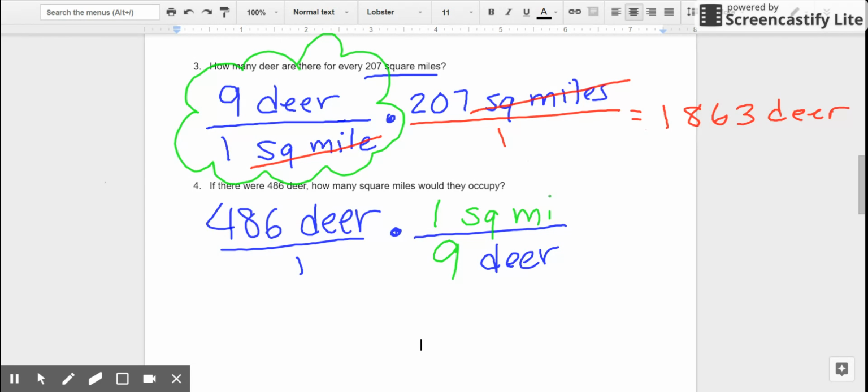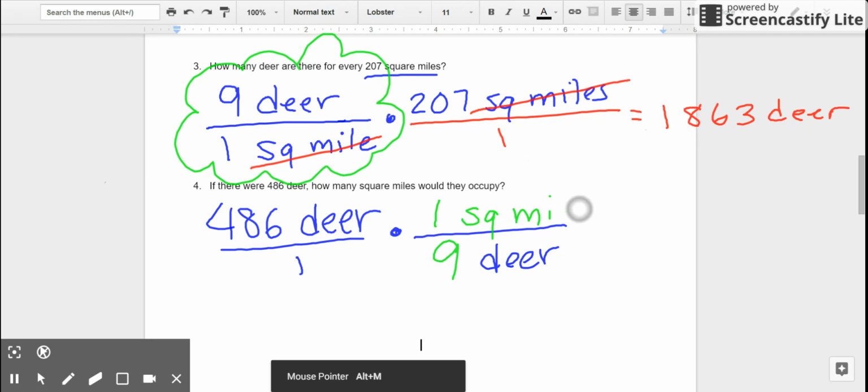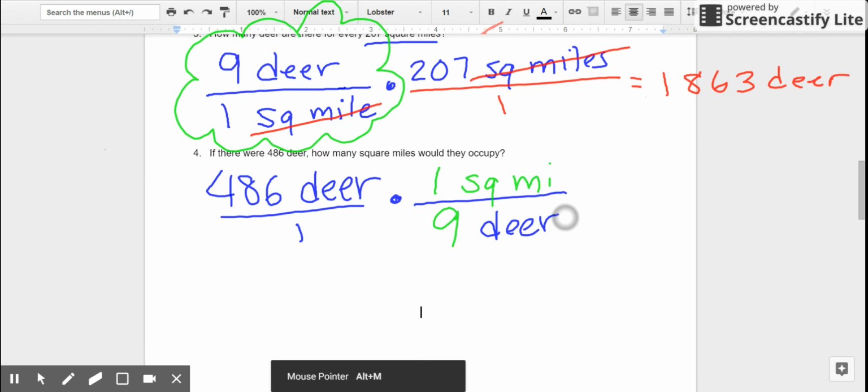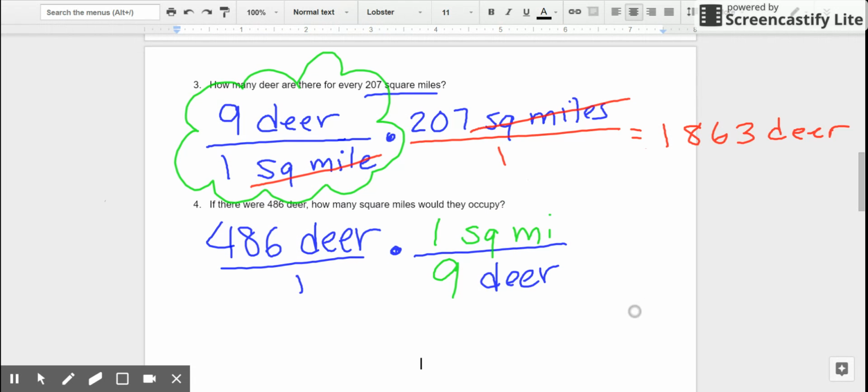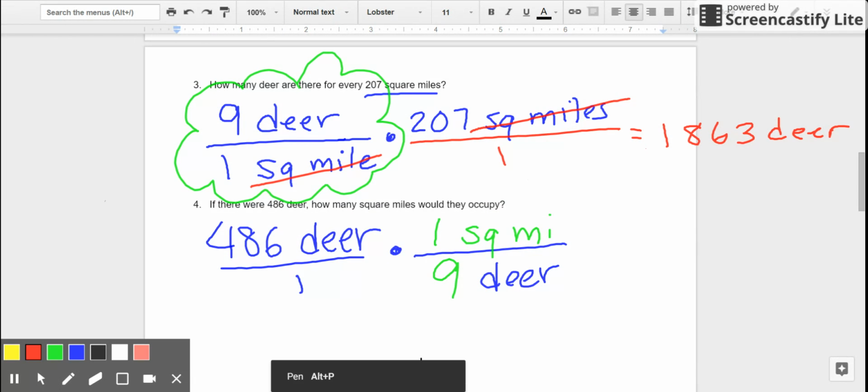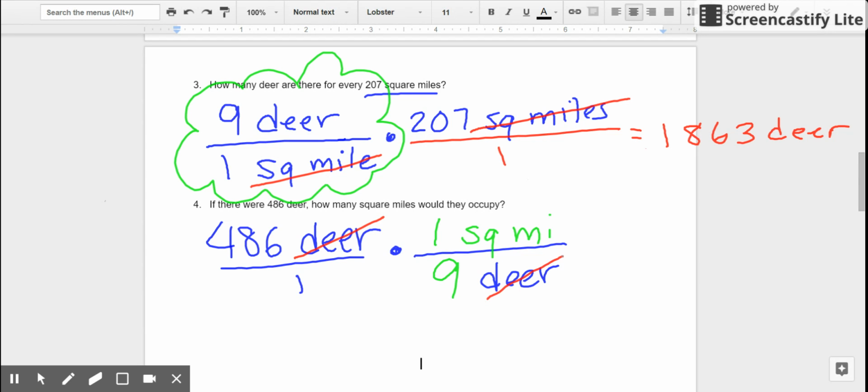So this represents my rate, right? And it's okay that I switched it upside down because it's a ratio. I'm comparing two values. For every 1 square mile, there will always be 9 deer. And for every 9 deer, it will always be 1 square mile. So it's okay that I flipped my ratio like that. At this point, let's cancel out my units. Deer is a factor of the numerator and the denominator, so that can cancel out.